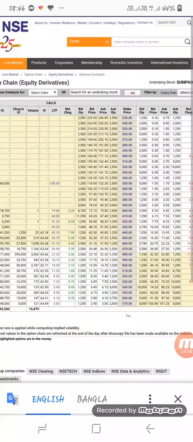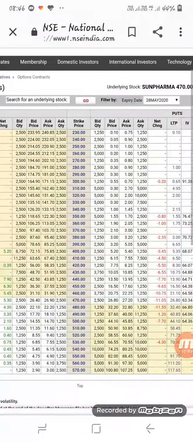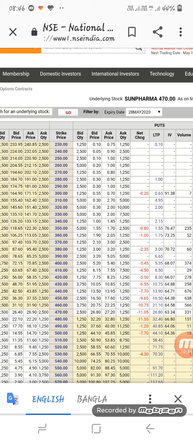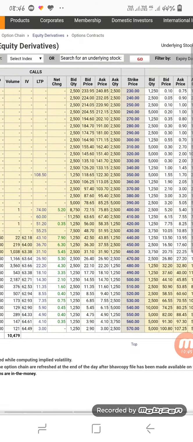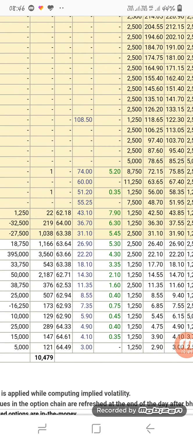So we just need to pay 14.30. Even if 470 is going to 500, we would be making a profit in the cash segment, but we need huge capital. But in the derivative market, we just need to pay a minimum amount of say 14.30, which is quite lesser.